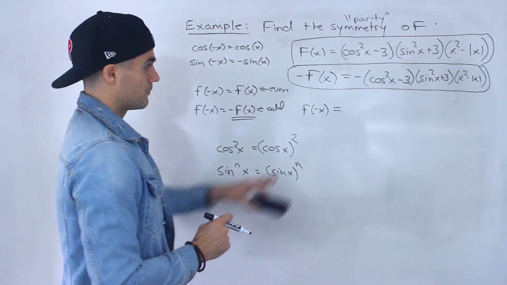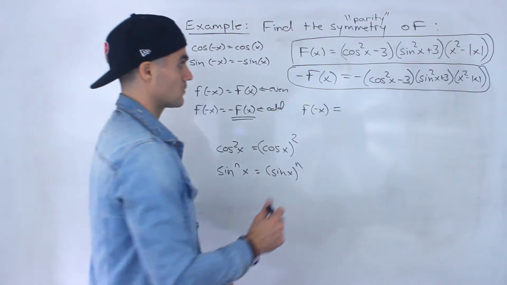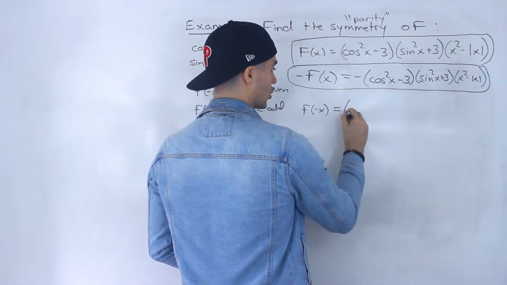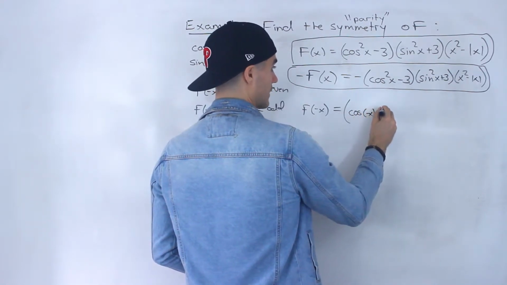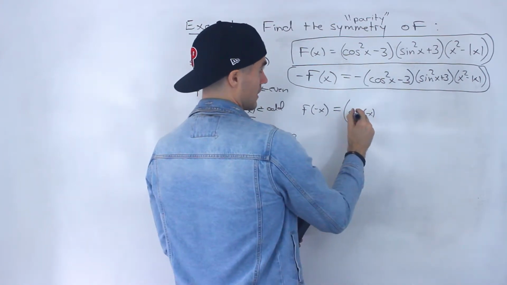Right, so when I'm plugging in this negative x here, I'm going to keep it in this format. So this bracket would be cos of negative x squared minus 3.